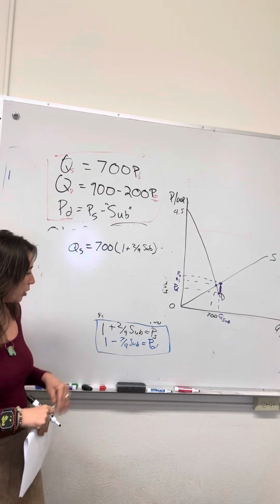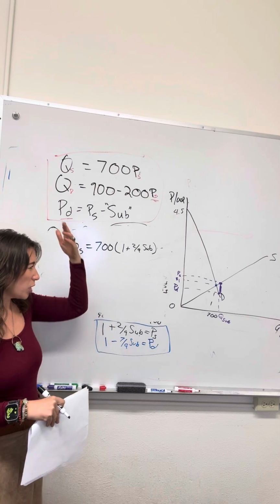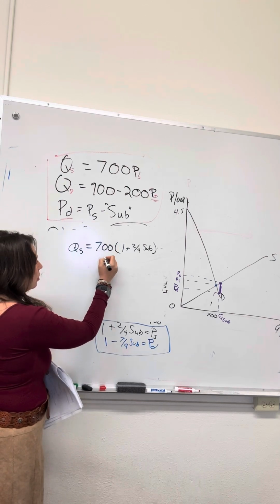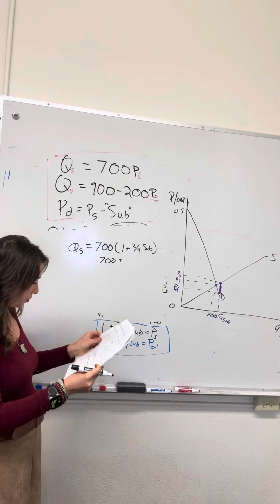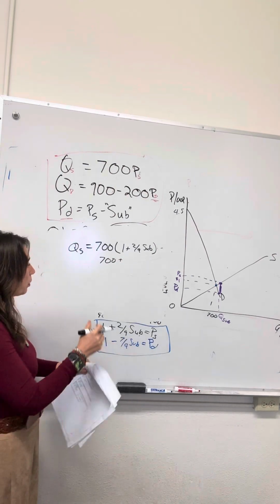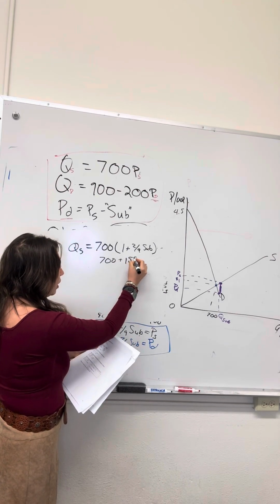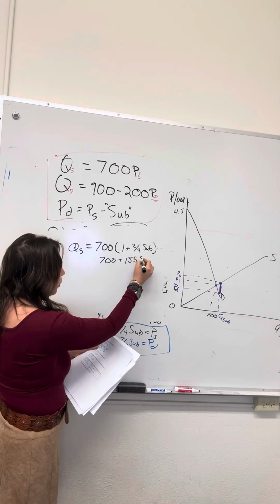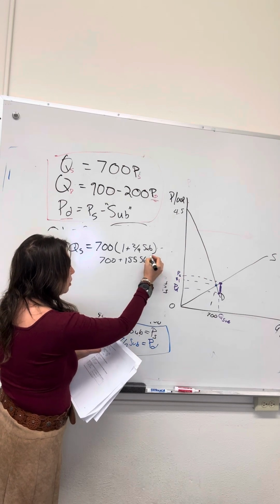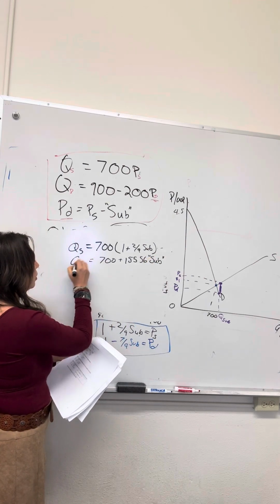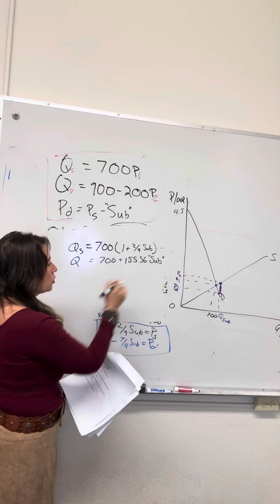It's very intuitive, right? The price that producers receive goes up. That's what I expect. I distribute the 700 and I get, what does that come to? You guys are probably quicker on your calculator than I am. 155.56 times the subsidy. That's the quantity traded in the marketplace as it relates to the subsidy.